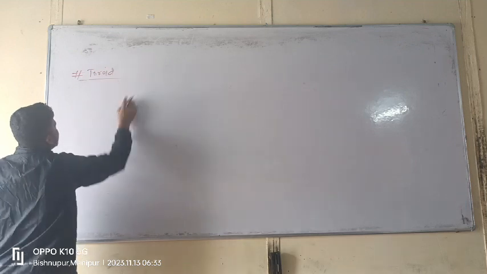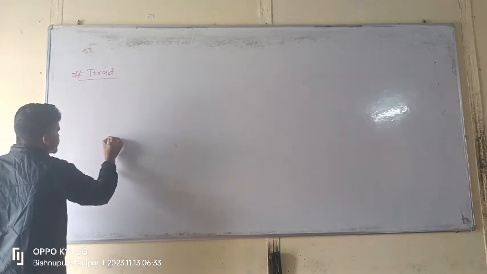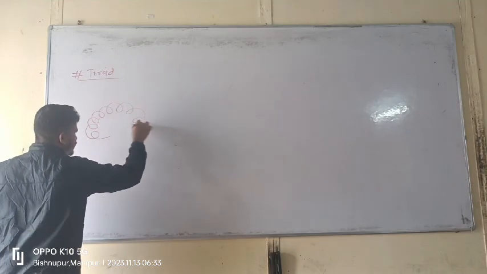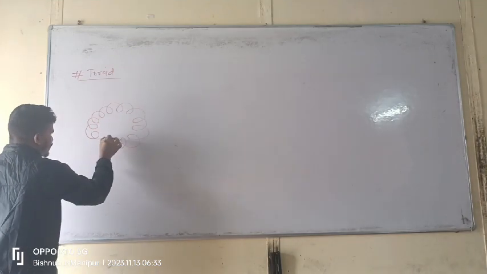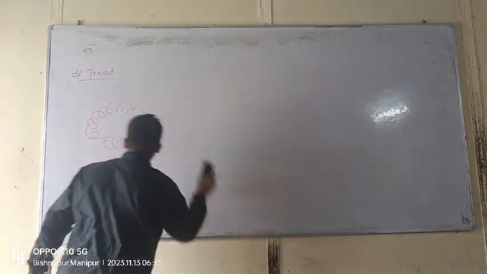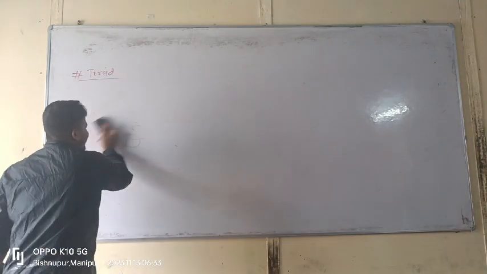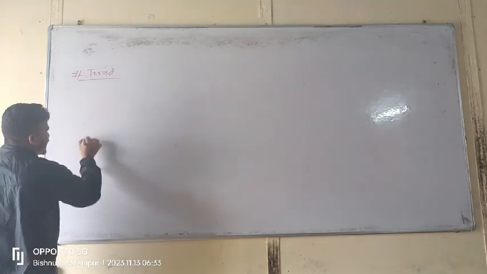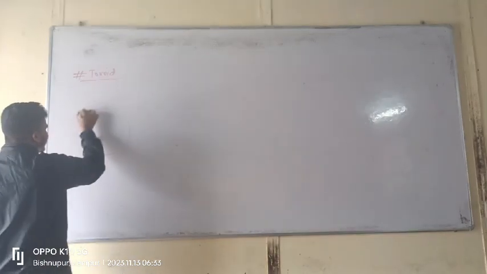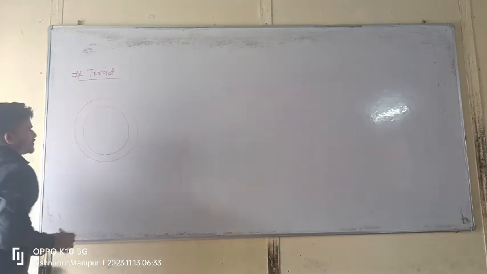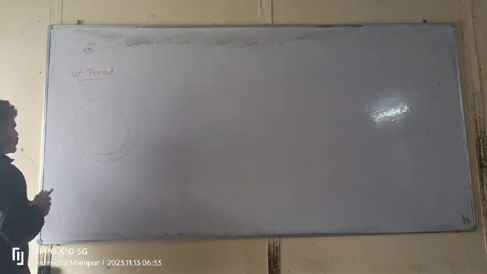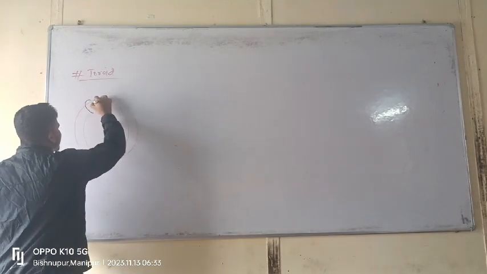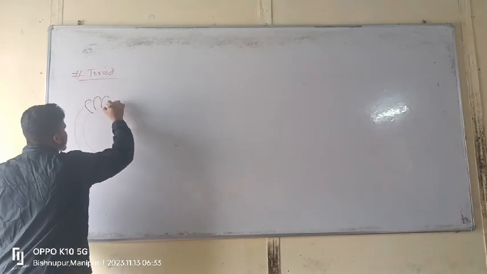It is like this. Actually it is not coming out properly. Let me draw the figure properly. There are two concentric circles, and over this circle there are rings.